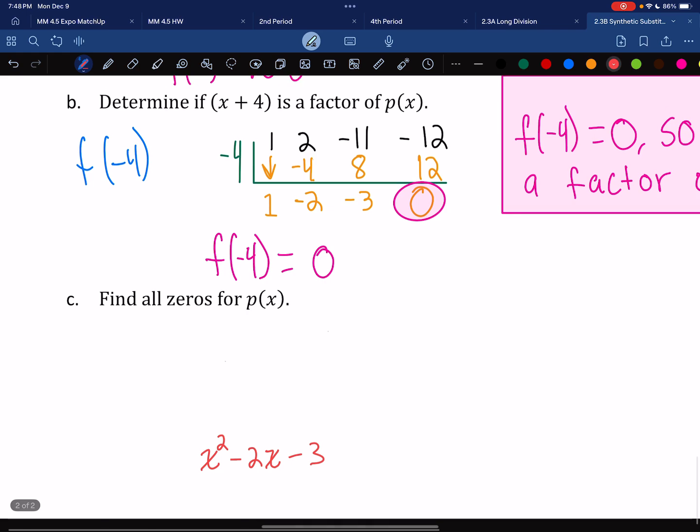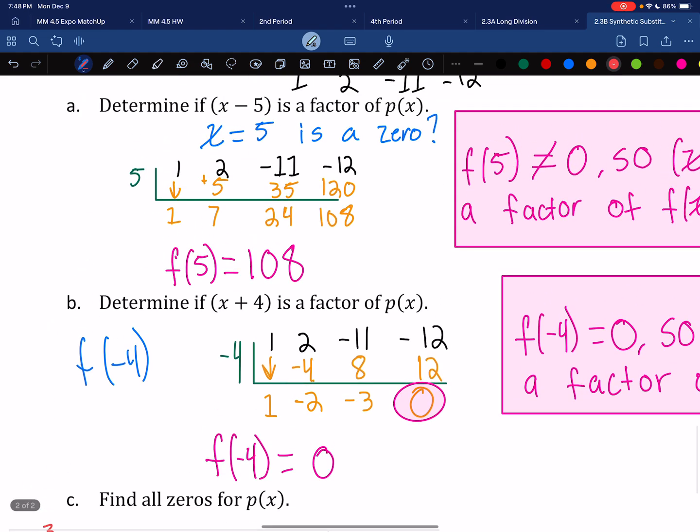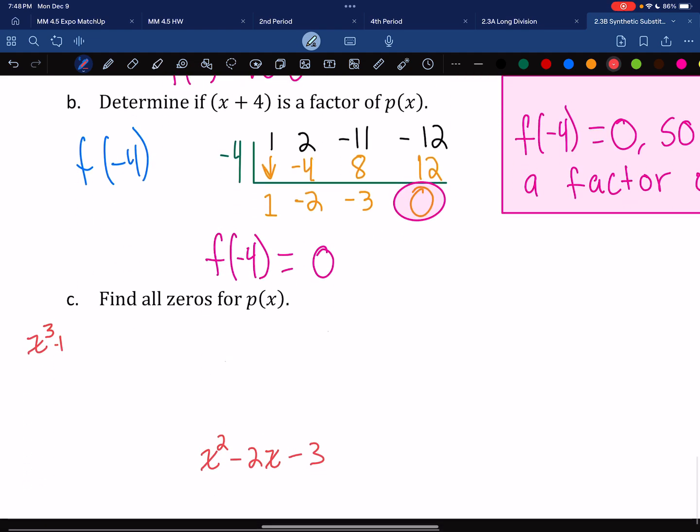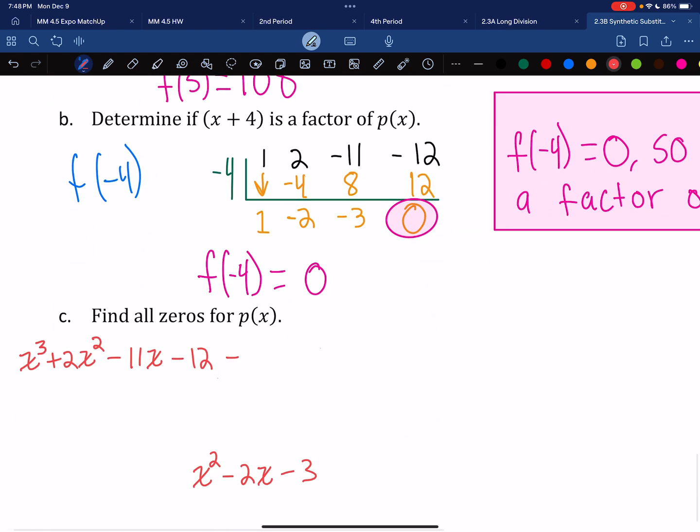All I'm saying is that x cubed, our original equation, so x cubed plus 2x squared minus 11x minus 12, correct? Divided by our factor, so divided by x plus 4, equals what we had left. So x squared minus 2x minus 3.